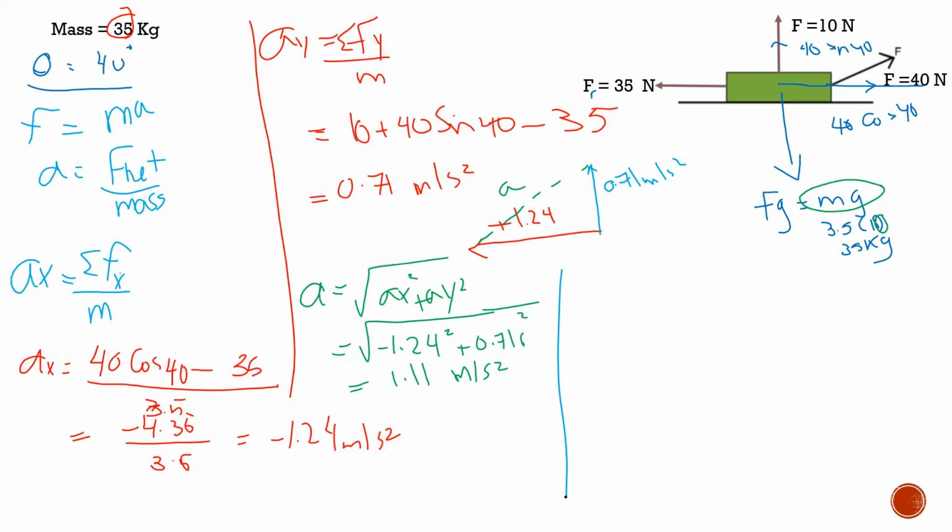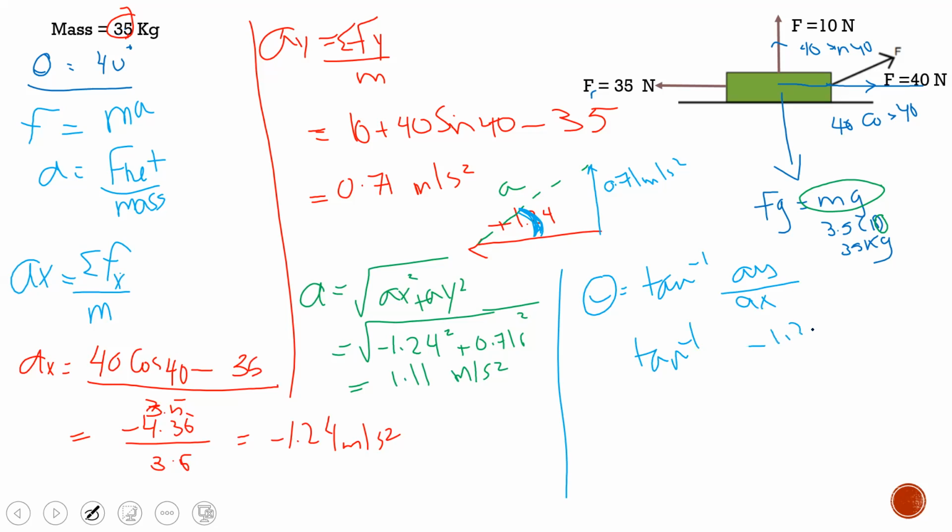To find the angle that the acceleration makes with the x-axis, we say theta is tan inverse of a sub y over a sub x. So it is tan inverse of negative 1.24 over 0.71.